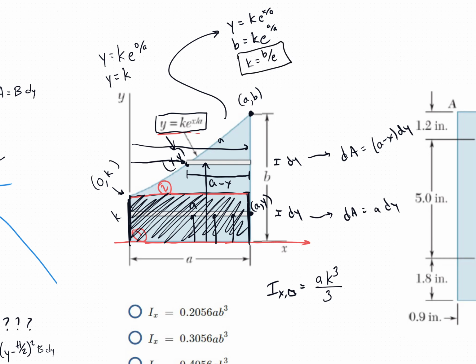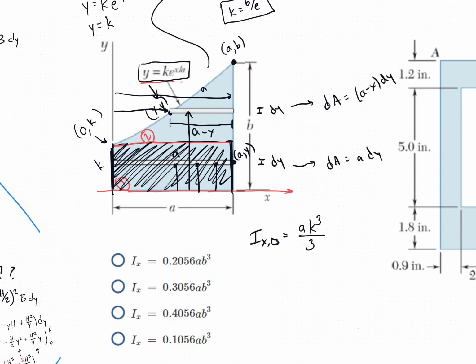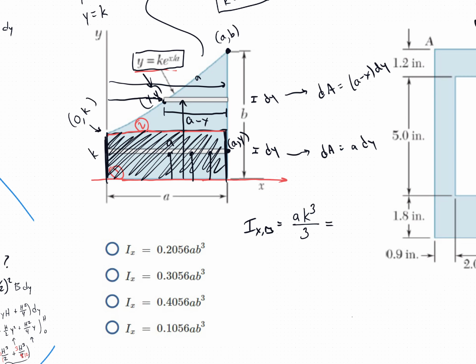That's not really an answer we wanted. I think we can all agree that that was not the solution we were hoping for k. We were hoping that k would just come out to be something nice and pretty. But it doesn't matter, it's just annoying. So let's go ahead and plug it in down here so we can get that going for us. So we get a b cubed over 3e cubed.